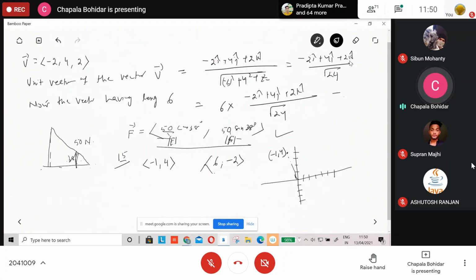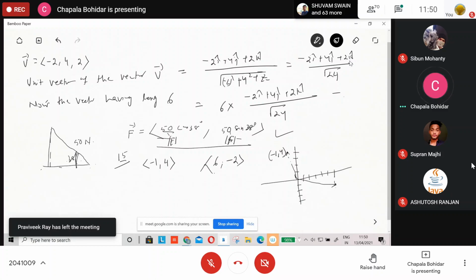Then 6 minus 2. Fourth part. Here. Okay. 6 minus 2. So your resultant vector is a plus b.